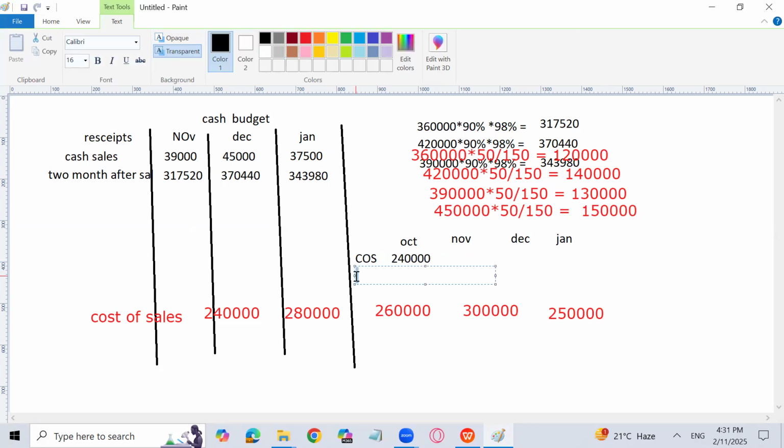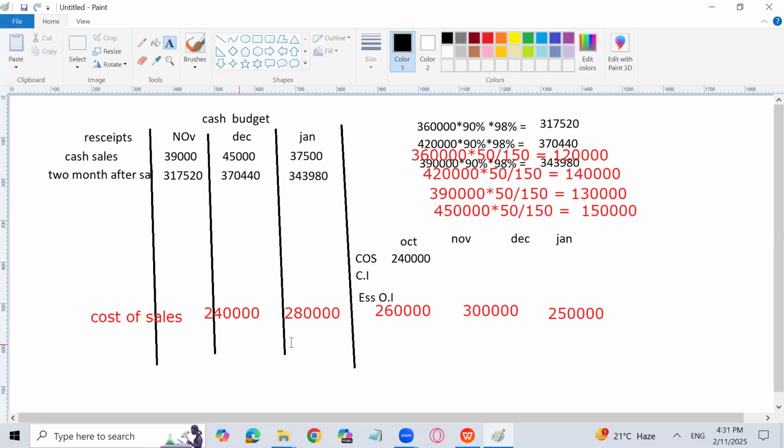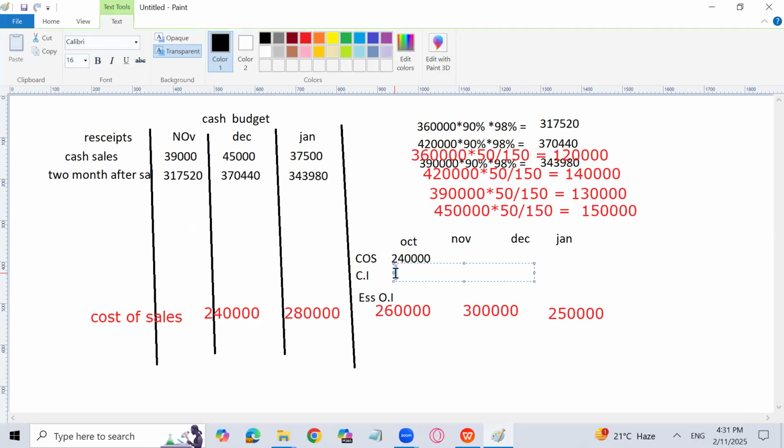Add closing inventory and less opening inventory. So November cost of sales is how much? 2,80,000. So 2,80,000 into 40%. Let me write it down.